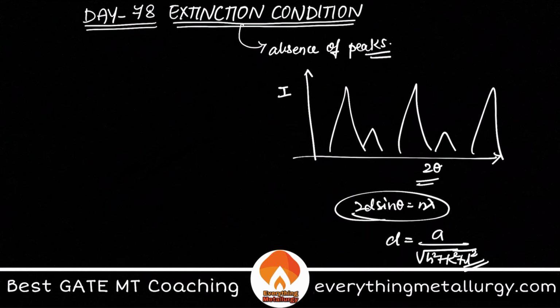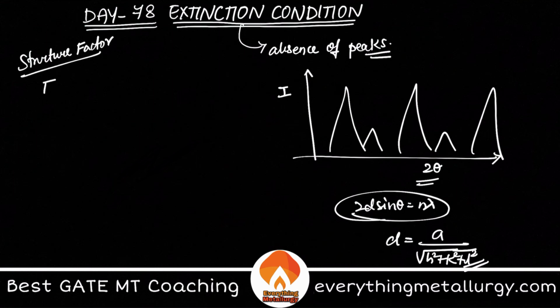That's fine, but now how do we know what crystal structure will give what peaks, or what planes will give the peaks? For that we have something called the structure factor.